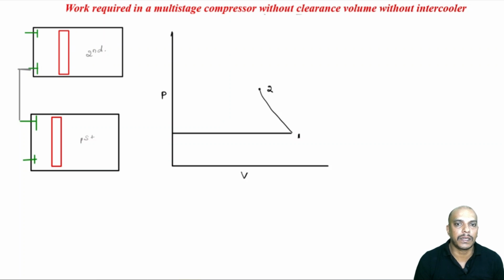Since the delivery is connected to the next cylinder, this will be further compressed with the same polytropic compression, let us say 3, okay. Then it is delivered, this will be our 4. Now, however, we will keep this line just to know the pressure.